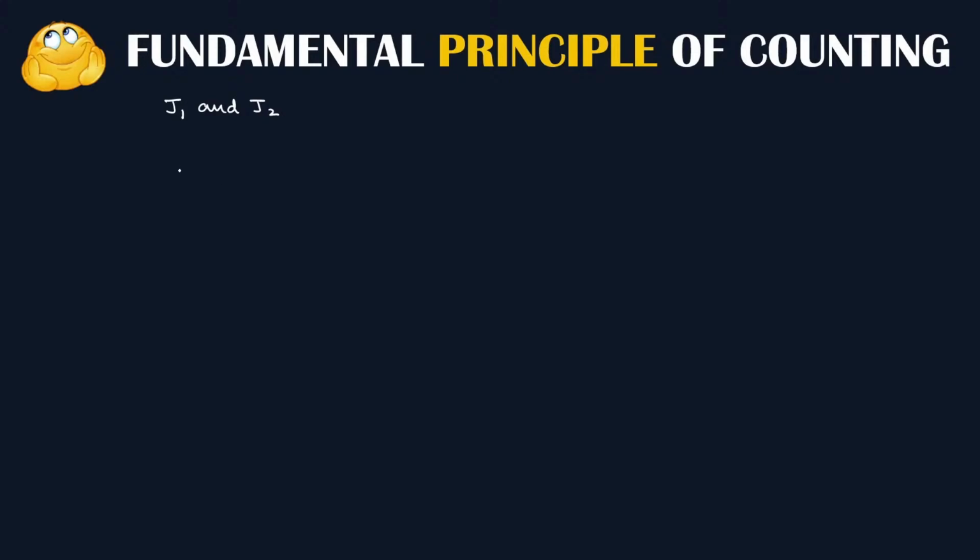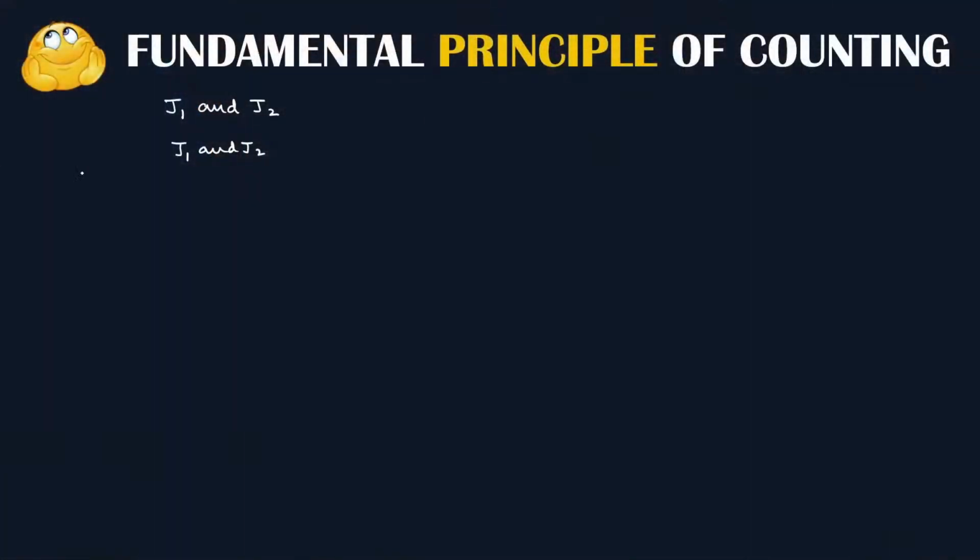Now, if that work is completed by job 1 and job 2, what I'm saying is this work will be completed when you complete job 1 and job 2. So when this "and" is coming in between, the fundamental principle of counting states that you have to multiply the number of ways of doing job 1 and the number of ways of doing job 2 to complete that work.